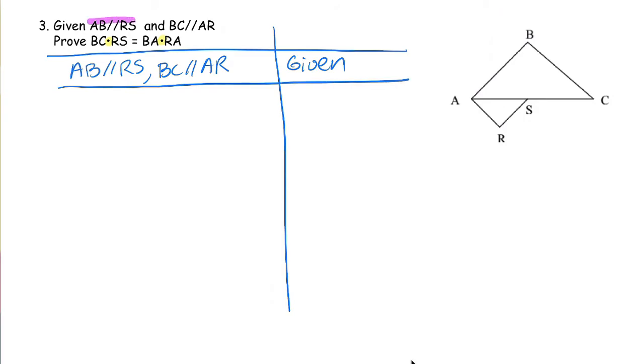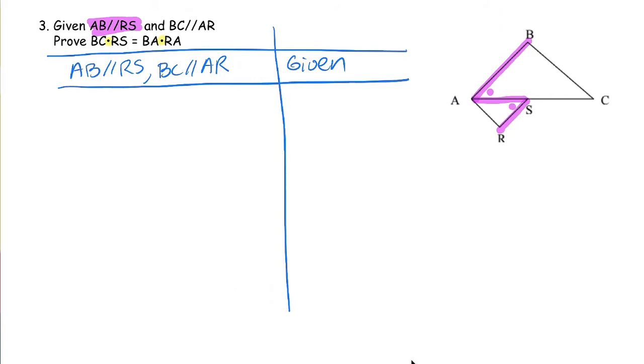And let's look at AB and RS and just see if we can find an angle pair. Here's AB and RS. And notice that they have a pretty good transversal right here that is making a Z shape that involves both triangles. And we can see that this angle and this angle would be alternate interior angles.